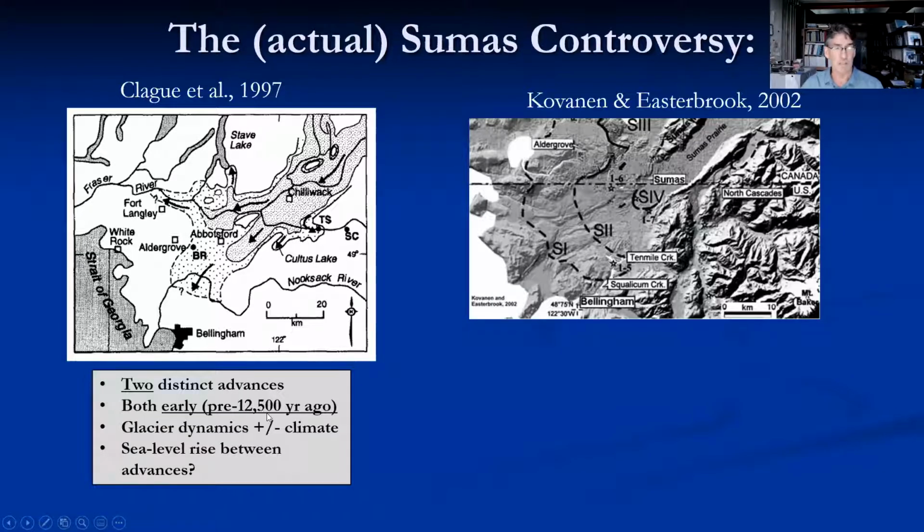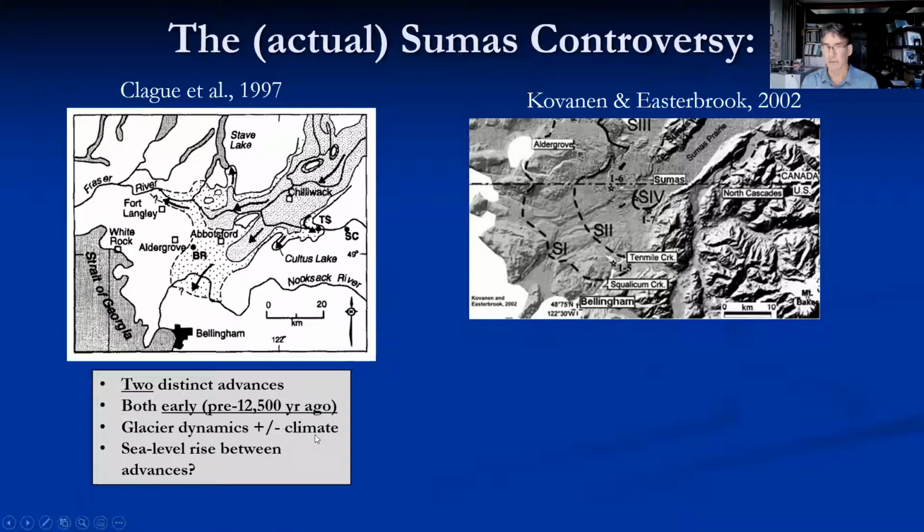And they've got advances in their model. Both are relatively early in this deglacial period, before about 12,500 years ago for both these advances. And the cause of this advance, which again has been part of this controversy, is what's causing this advance. In the view of Clague et al., it was some combination of possibly glacier dynamics, so something about the ice, like a surge event or something like that, that isn't necessarily climatically based, but it may have had a climatic impetus as well.